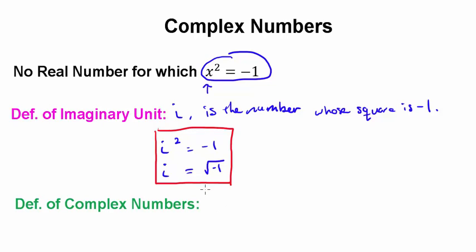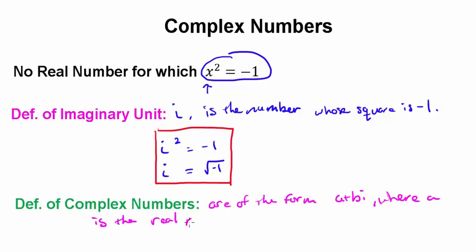So complex numbers are of the form a plus bi, where a is the real part and bi is the imaginary part.